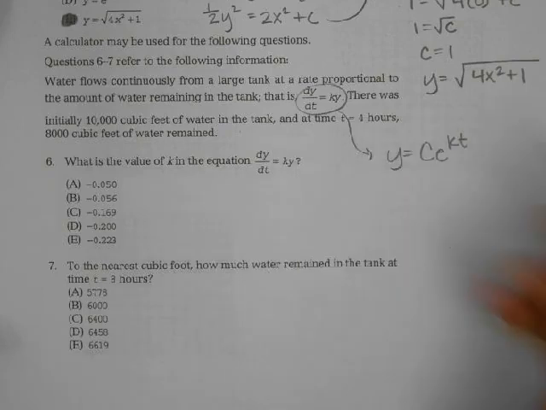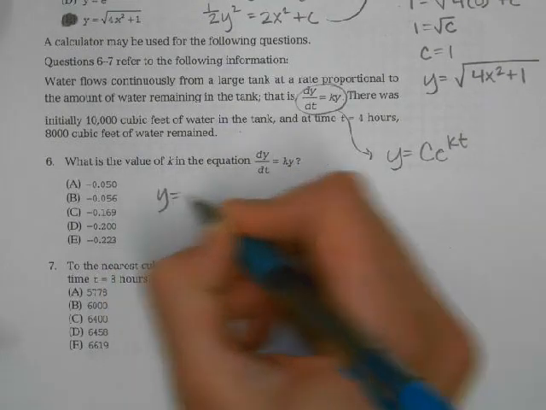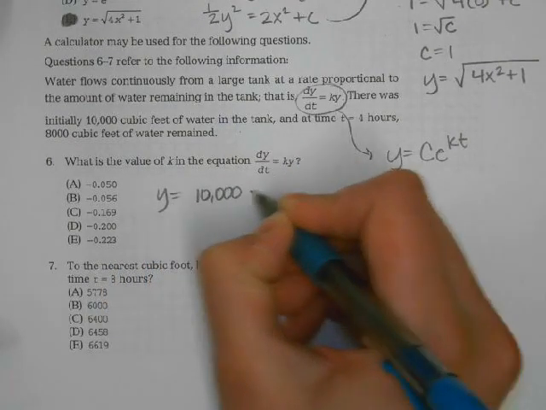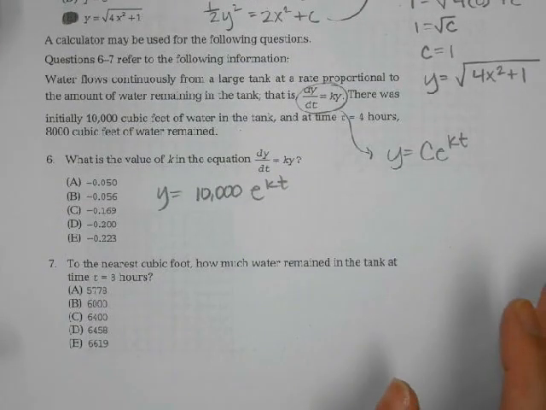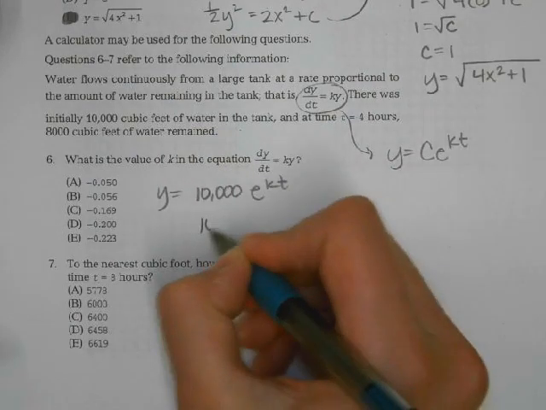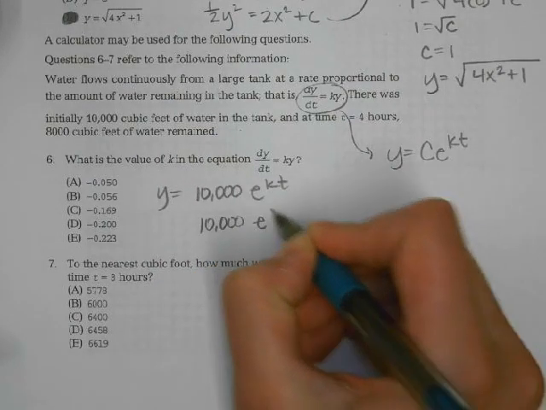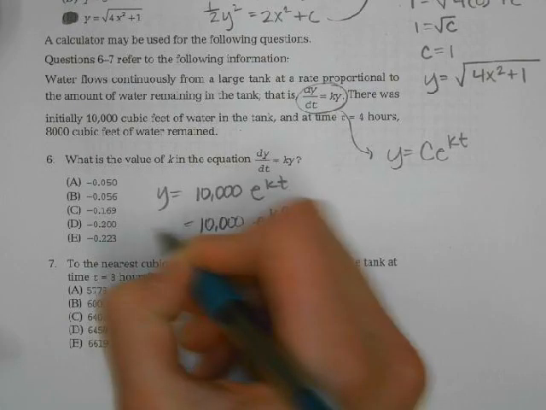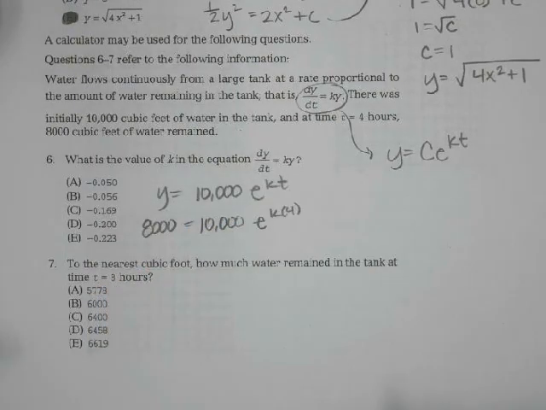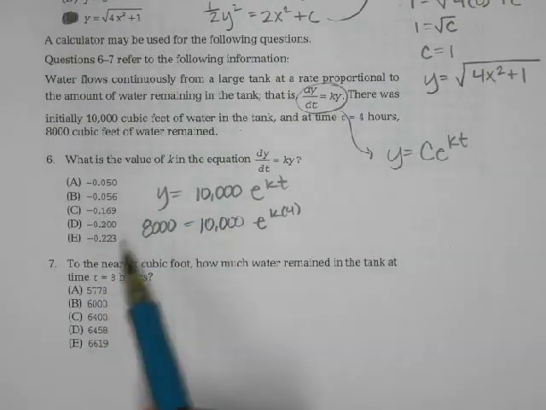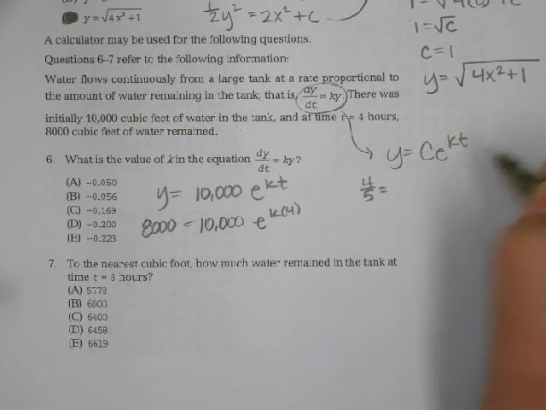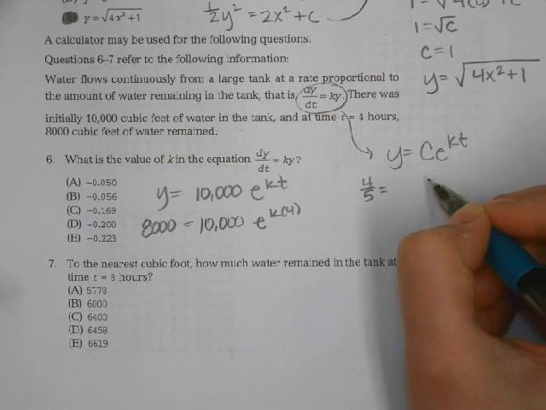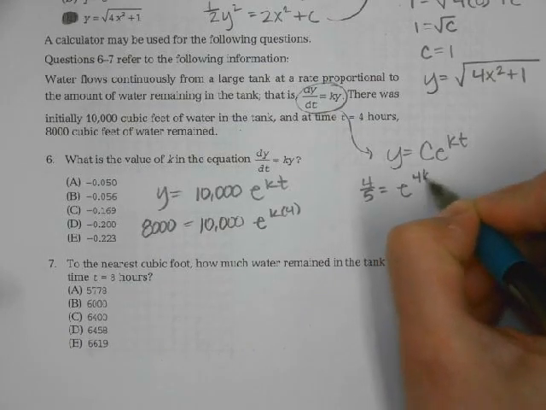So I said y equals 10,000 e to the kt. At first I wanted to put that initial value in, and then I went ahead and plugged in at 4 hours we have 8,000. So now we can say at 4 hours we've got 8,000. So first I divided the 10,000 over and I got 4/5 equals e to the 4k.